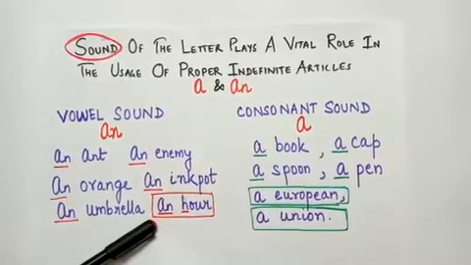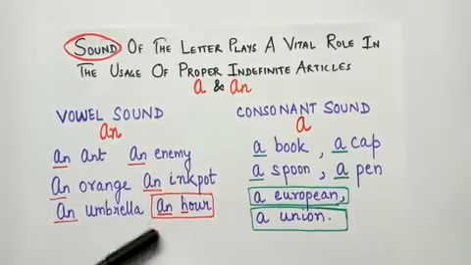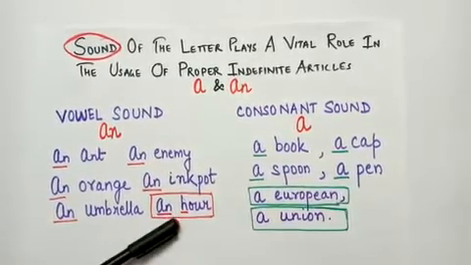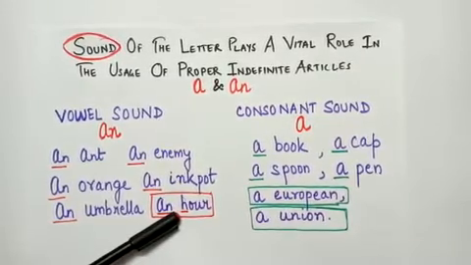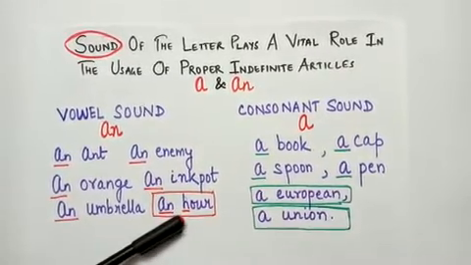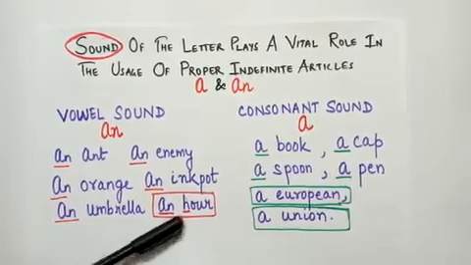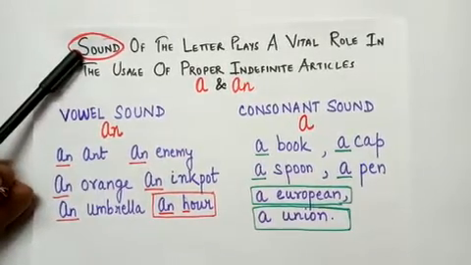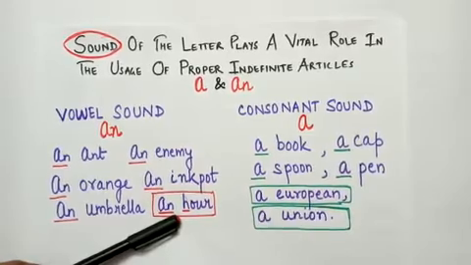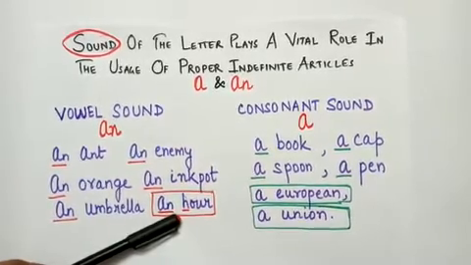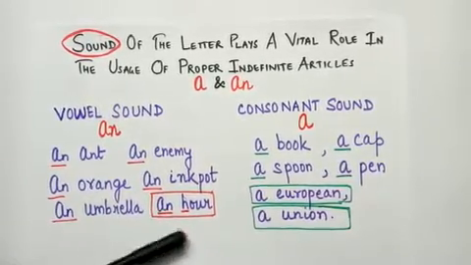But here, we have written an hour. Although the word starts with H, which is a consonant letter, what is more important here is the sound of the letter. Here, the sound of H is not heard. H is silent. We read it as 'our'.